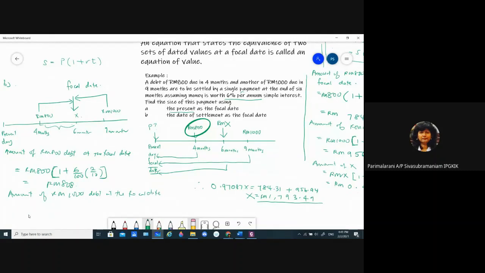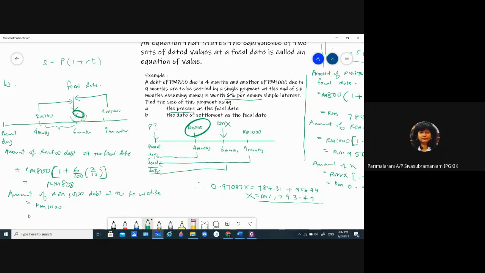For the second one, the amount of the 1000 ringgit debt at the focal date, which formula are we going to use here? One with -1 or without -1? Is the 1000 the P or the S now? Is it in front or at the back? If it's in front, you assume it to be the principal. If it's at the back, you assume it to be the amount. Because it's in front, we assume it to be the P. If it's the P, then we use the -1 formula.